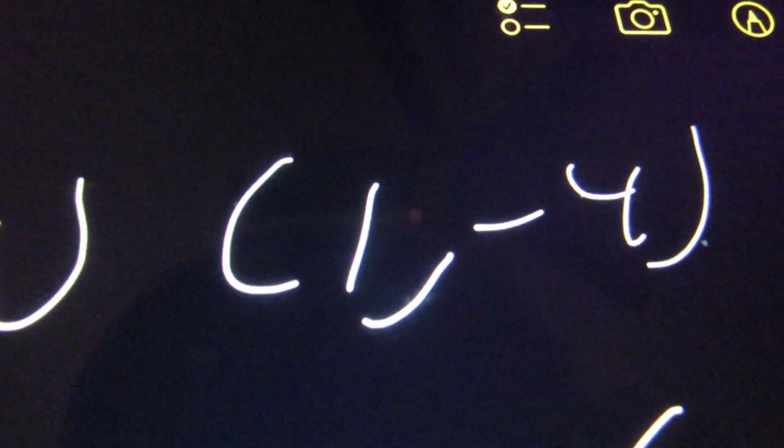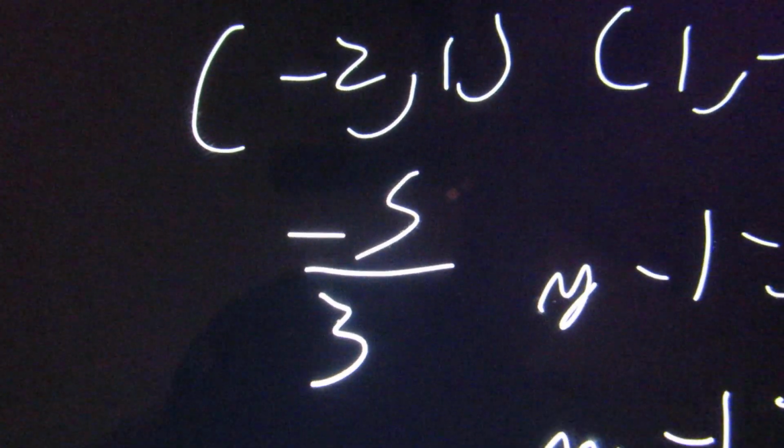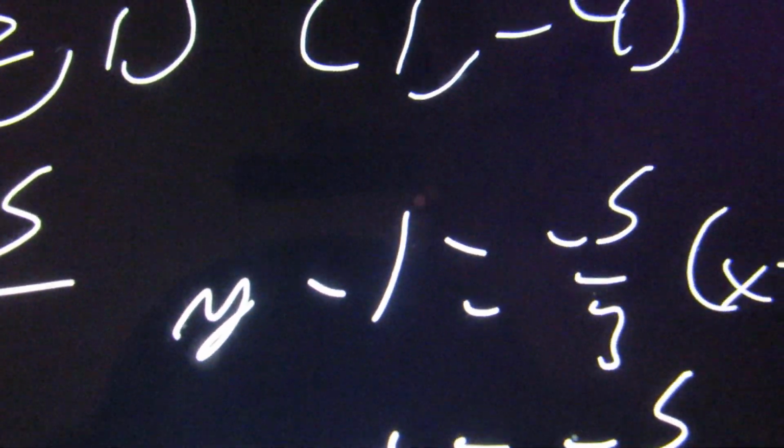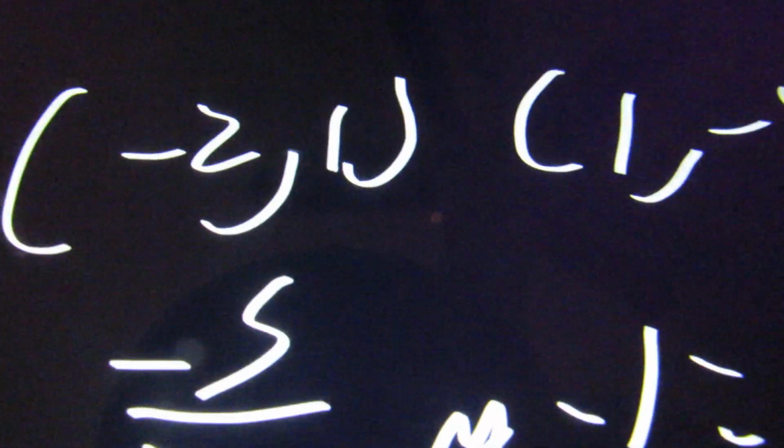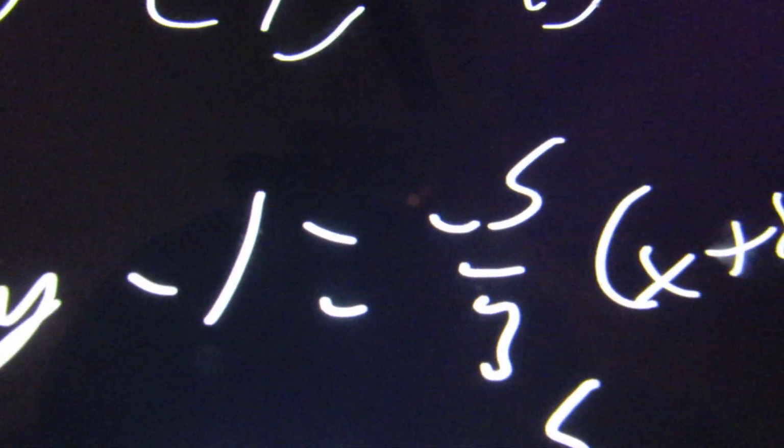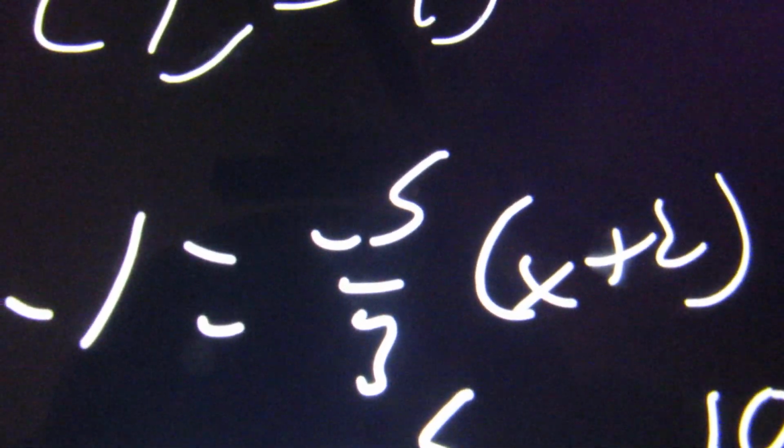When I find the slope, it's going to be 1 plus 4 over -2 minus 1, which is going to be -5/3. I'm going to use this point, so I'm going to say y minus 1 equals -5/3 times x minus -2, or x plus 2.